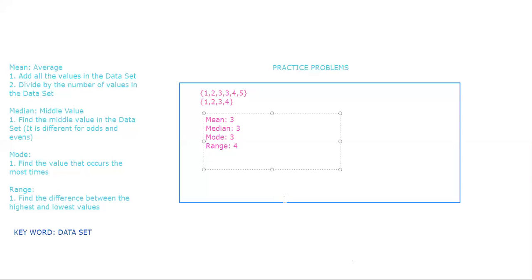We also learned that our keyword was dataset. We figured out the problems, and our mean was 3, our median was 3, our mode was 3, and lastly, our range was 4.